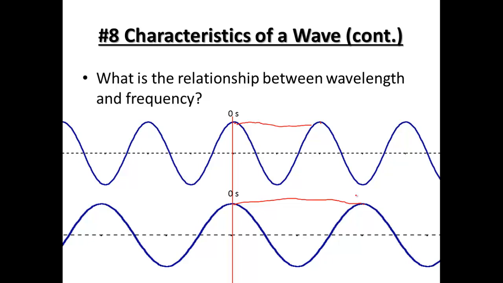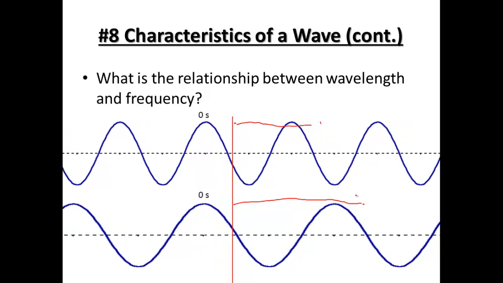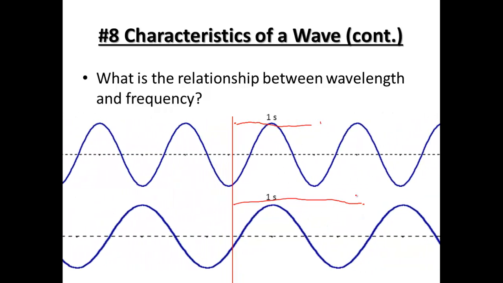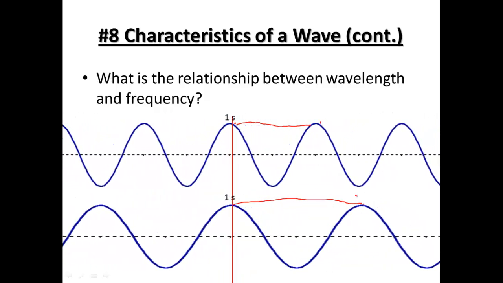Now our next step is to see how many waves occur in that given amount of time. So if we were to look at the top and the bottom wave, as we let them go, in a certain amount of time, our top wave, we get more waves that occur in the same amount of time.